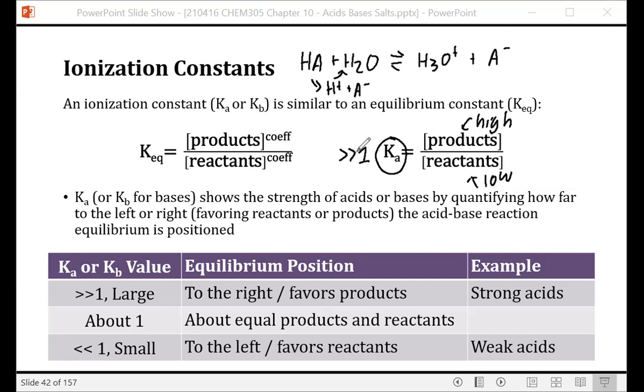So large Ka values, significantly greater than 1, mean that you have stronger acids that ionize more completely.